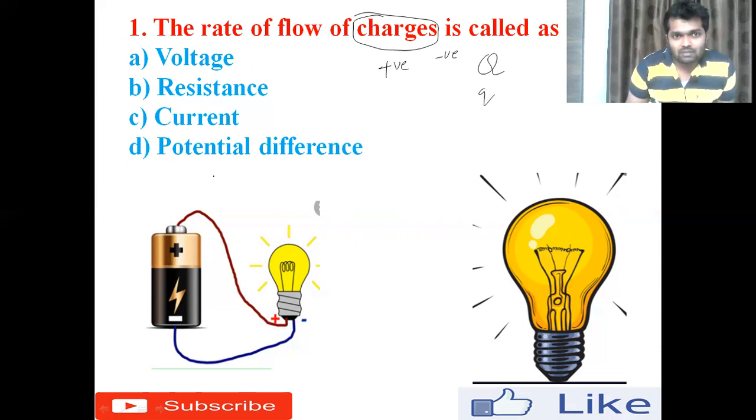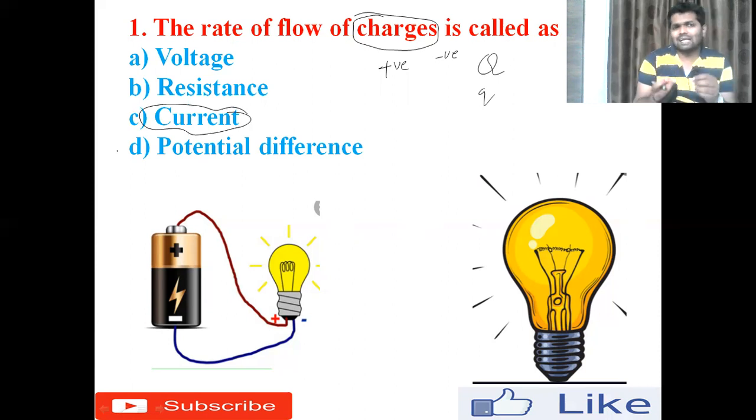And option B says resistance. Resistance is the opposition to the flow of charges, or the disturbance to the flow of charges. Option C, current. What is the meaning of current? Generally, I can say that current is anything flowing.